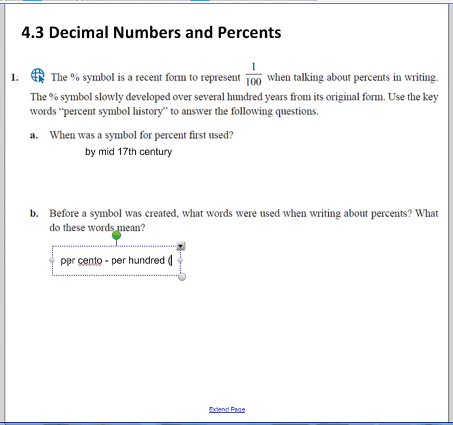And that was actually around the 15th century that it was being used. You won't be expected to remember this, just maybe you'll see it one day on Jeopardy!